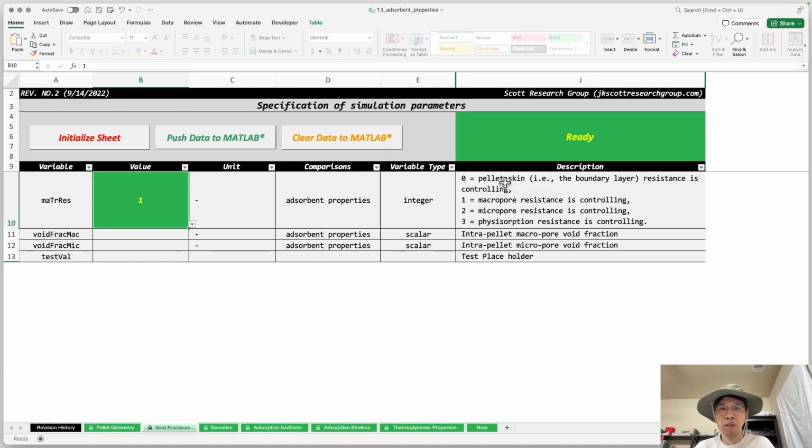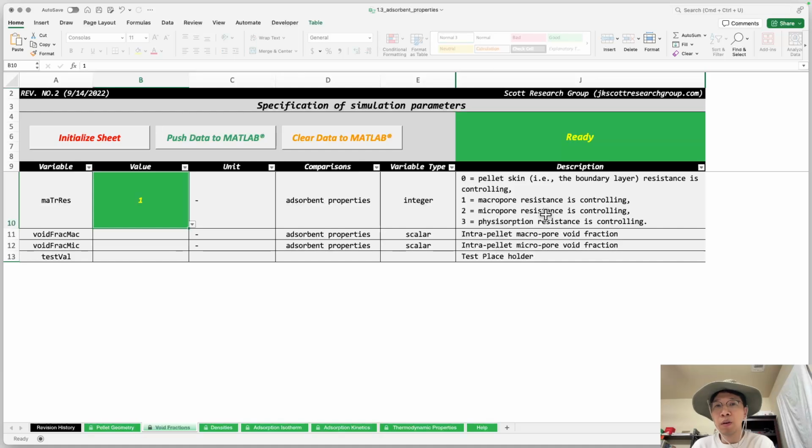If there's a boundary layer and pellet skin, then that resistance is controlling pretty much everything, and the boundary layer surrounding this sphere would be considered as an adsorb phase. If the macropores, which are relatively larger pores than the micropores, are controlling, then any gas molecules within the macropores are considered to be adsorb phase.